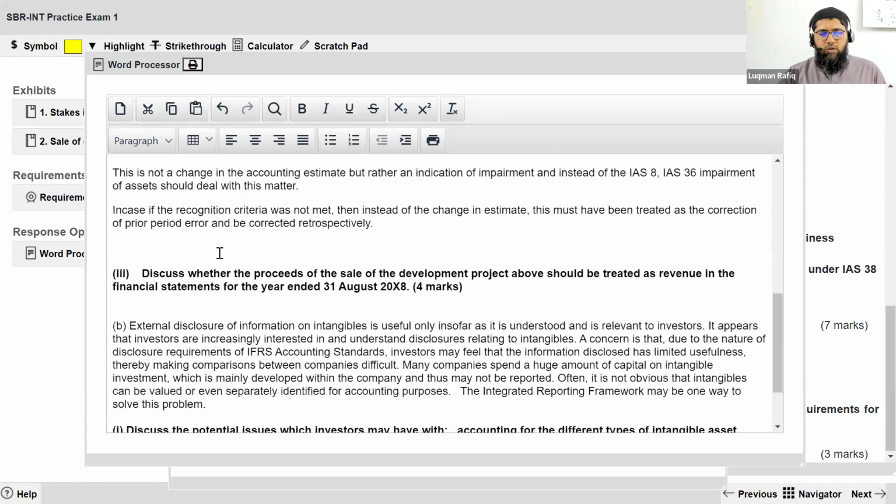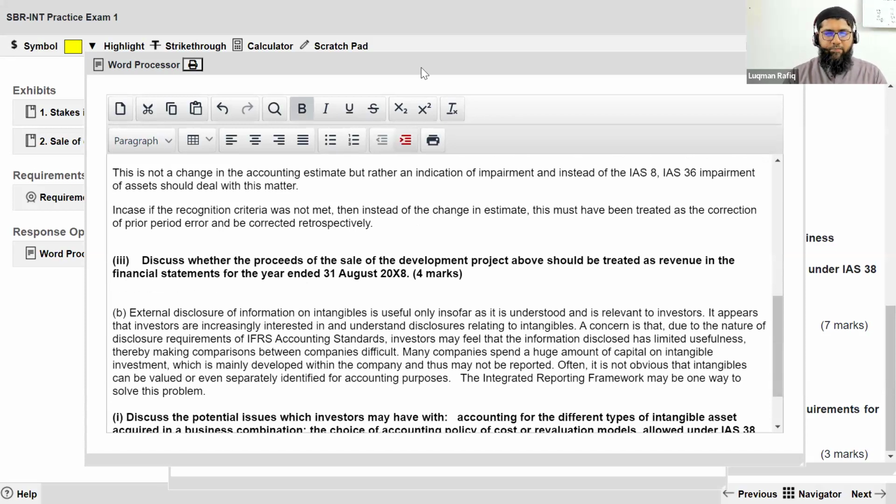Right now. Then there is another area. Okay, see, if you had an asset that met the criteria, and now think that we should not be recognizing it, that means it's an indication of impairment, because there is some information which you have got which is indicating to you that it should not be recognized now.